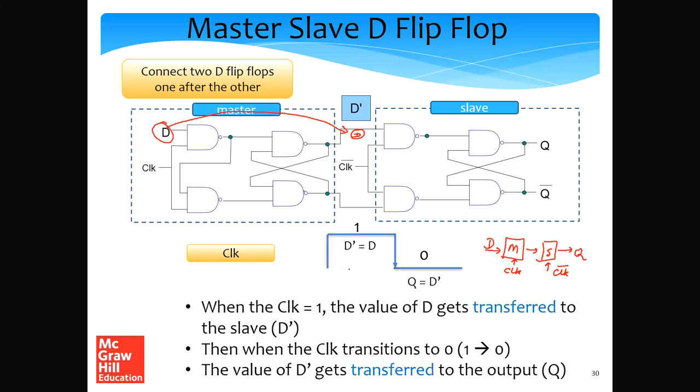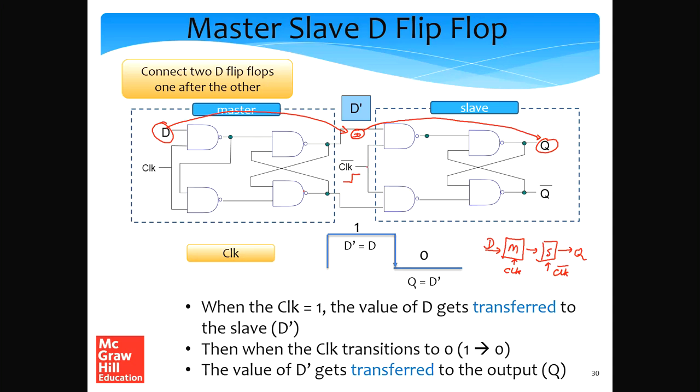Then when the clock turns 0, the value of D moves from the intermediate point to the output, which is Q. Because when the clock turns 0, clock bar actually turns 1, right? So when the clock suddenly becomes 0, when there is a negative edge, from 1 you move to 0, the complement of the clock moves in the other direction.